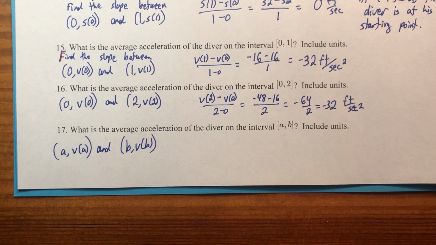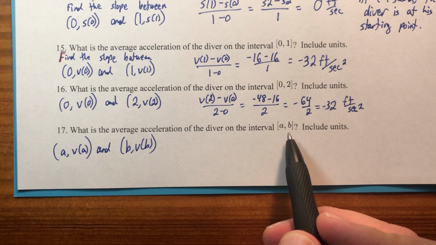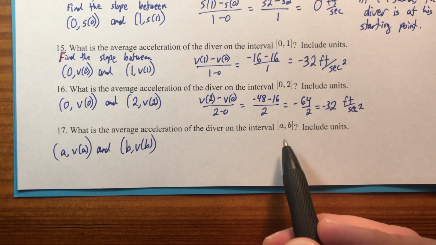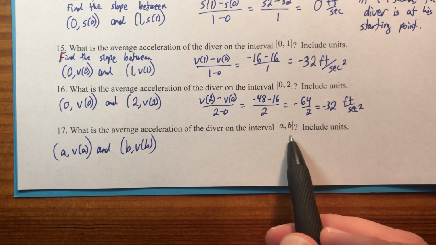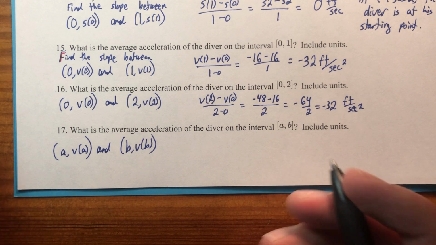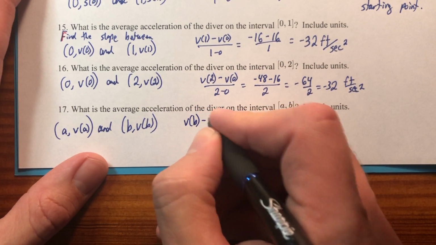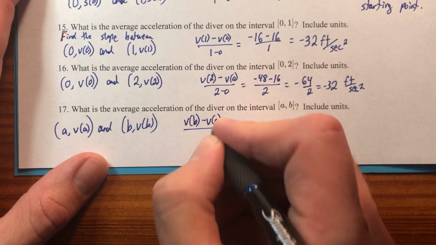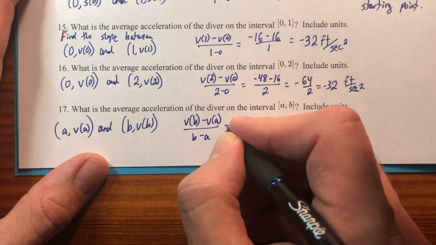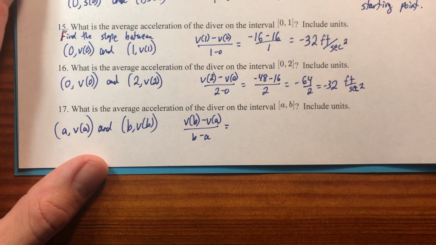I wonder if it's always the same. And that's what we're about to find out just by using arbitrary variables like a and b. So what's the average acceleration of the diver on the interval from a to b? Well, let's find out. v of b minus v of a over b minus a. I wonder how this is going to work out. We're going to have some variables to contend with.